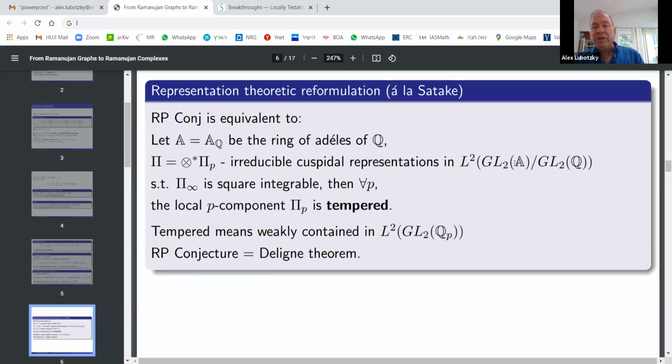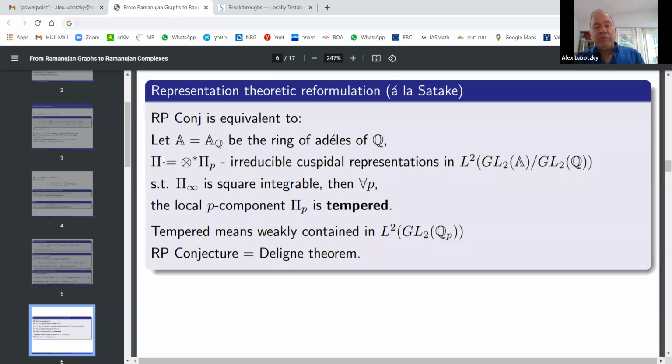I'm a bit cheating here about the definition, not to be too technical. And such a cuspidal representation is a tensor product in a restricted sense of pi p, where every pi p is an irreducible representation of GL2 of Q_p, the p-adics.